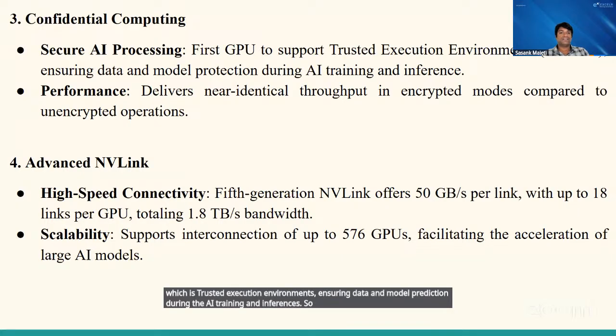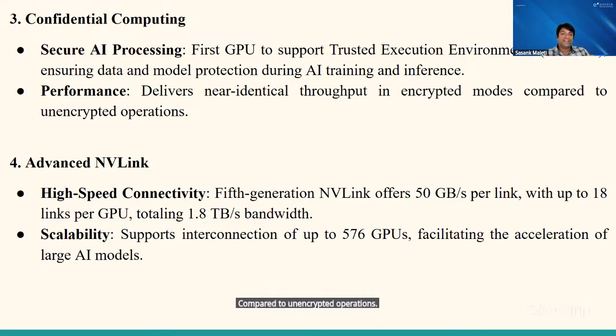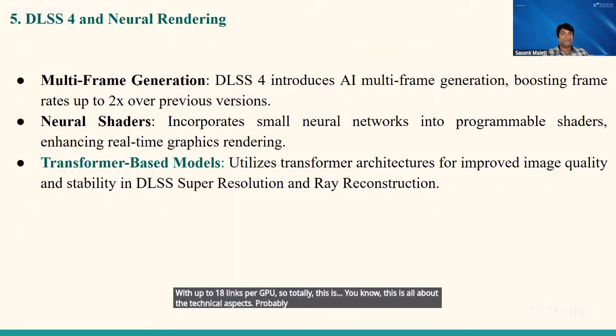The performance delivers near identical throughput in encrypted modes compared to unencrypted operations. Then the advanced NVLink: the 5th generation NVLink offers 50 GB/s per link with up to 18 links per GPU. This is all about the technical aspects; probably you can just check it later.